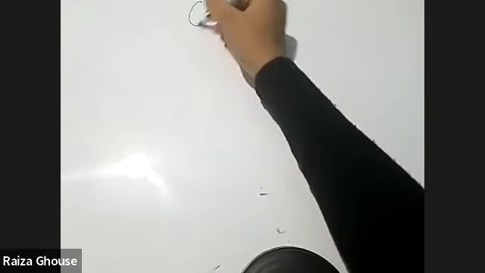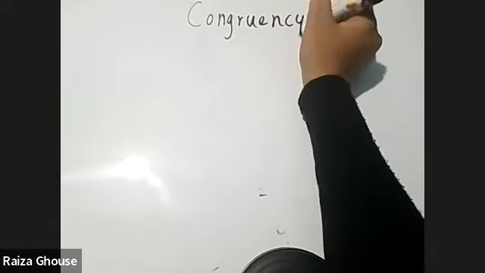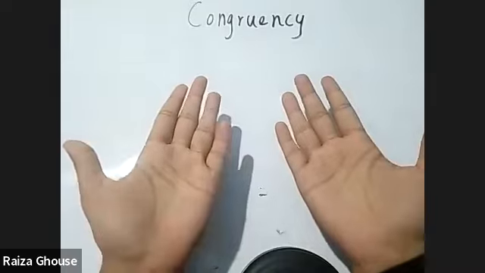So when it comes to congruency, first I'll tell you what this is, because this is something very new that you have never learned in your lower classes. Congruence or congruency. Now listen carefully, keep your pens and pencils down and just listen. Congruency means, suppose you have two figures.